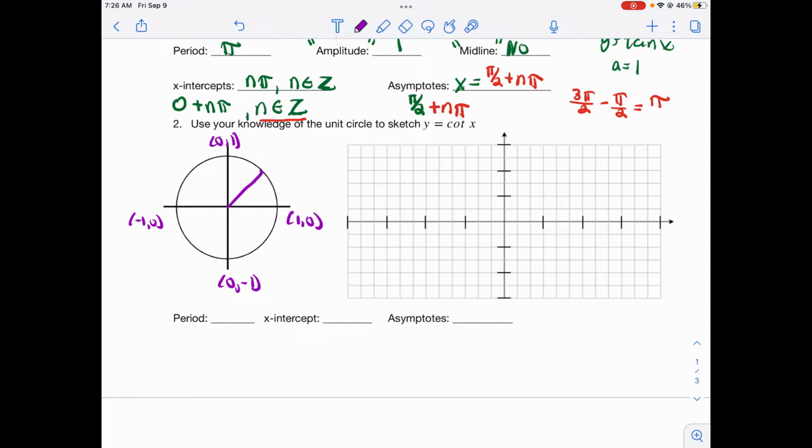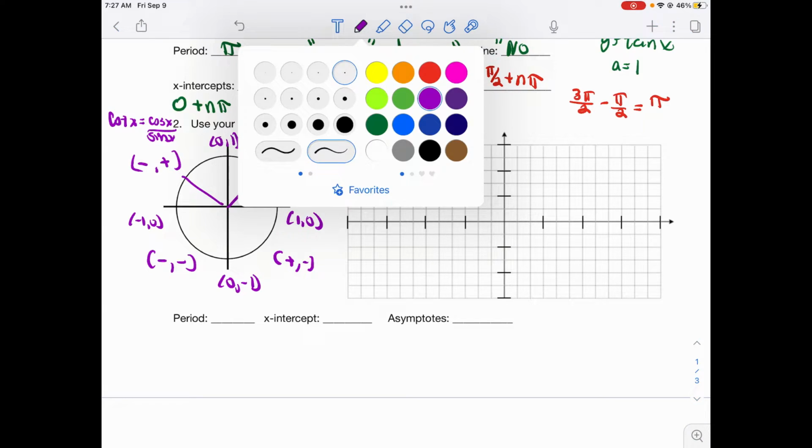And we already figured out that might not give us enough information, so we're going to look at this 45-degree point. In this quadrant, we're going to have negative and positive, negative and negative. In this quadrant, we're going to have positive and negative. Cotangent x is cosine divided by sine, so the x divided by the y. Let me label my axes.